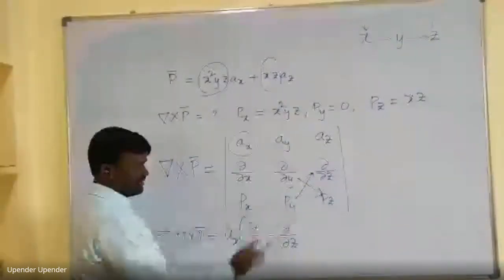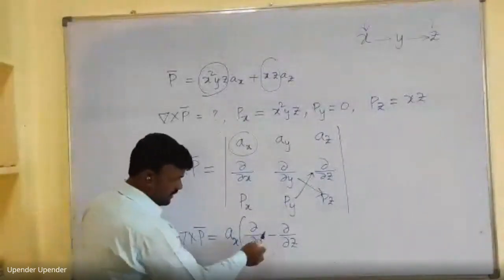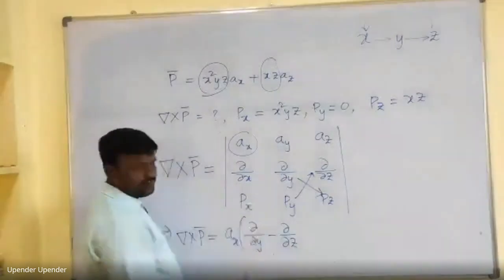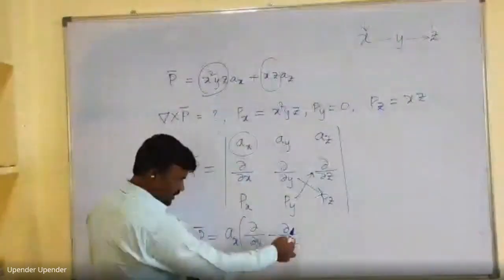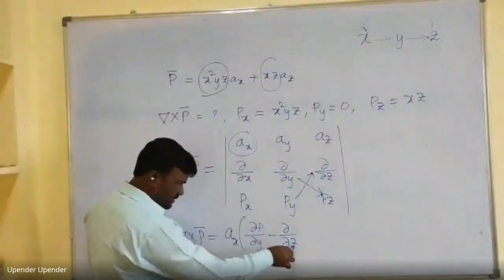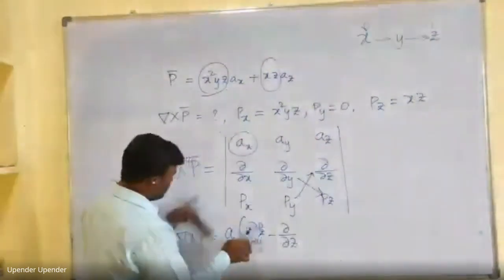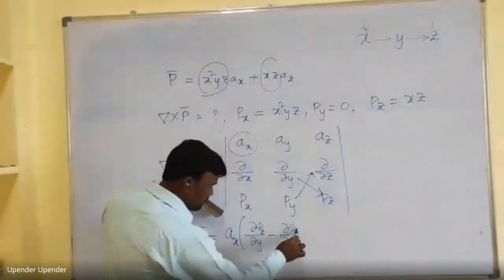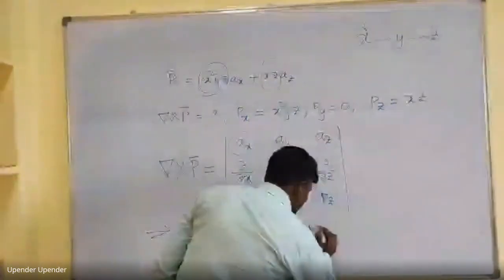Instead of doing all these things, we can apply some logic like this. After x, y; after y, z. Write down the vector components. Here take z, that is Pz, the z component, and for this take the y component, that is Py. Over now, very simple. Next, go for ay.